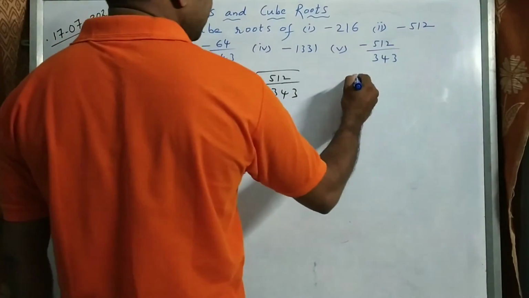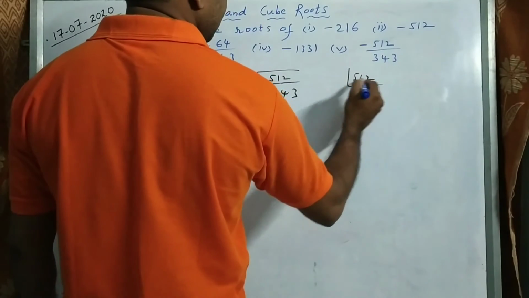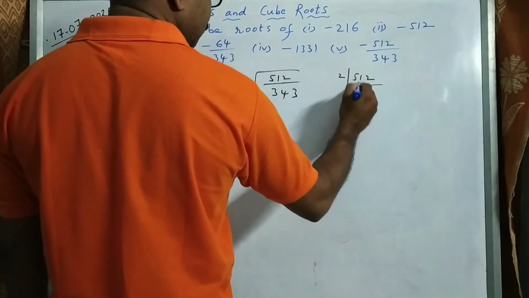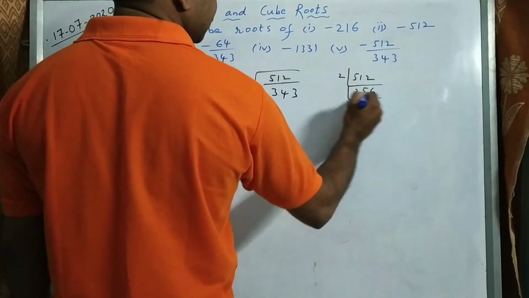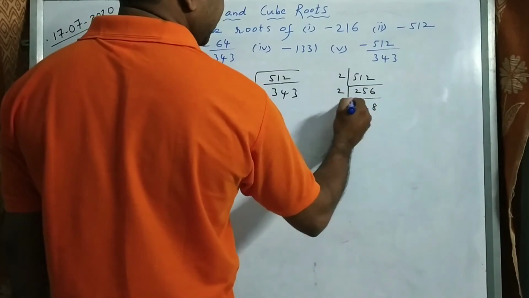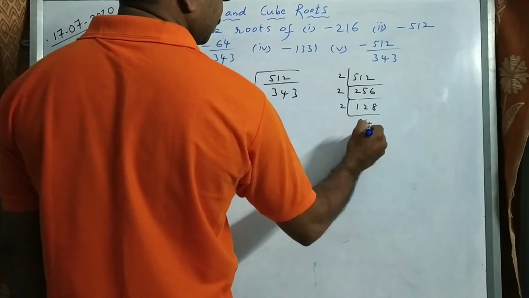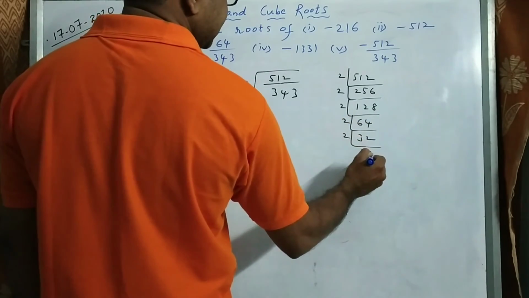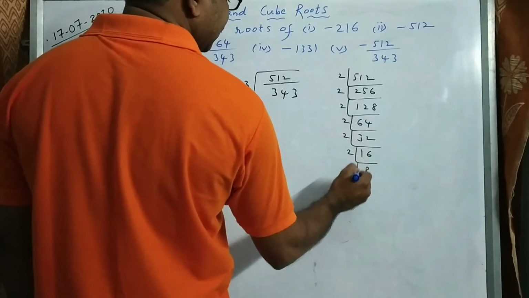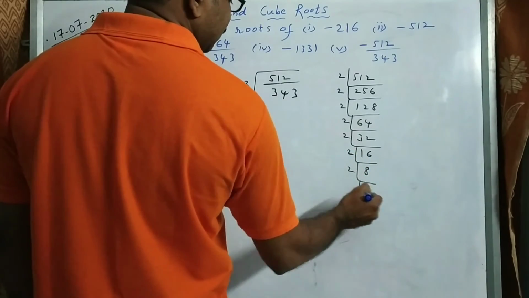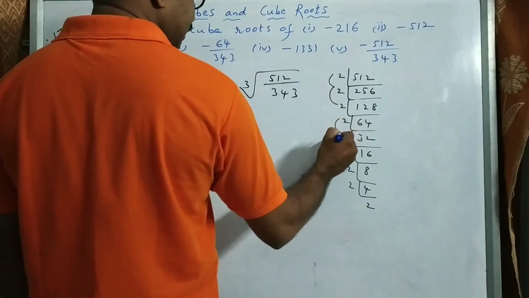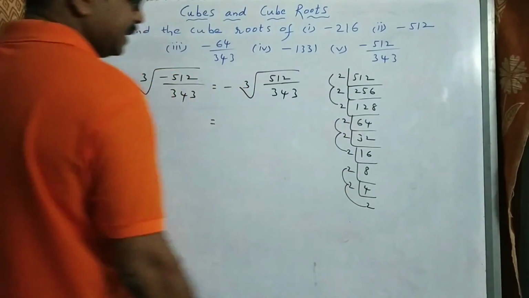So 512 we can split. How do we split? 2 twos are 4, 2 fours are 8, 2 eights are 16, 2 sixteens are 32, 2 thirty-twos are 64, and so on. 1 2 3, 1 2 3, 1 2 3. Triplets, no?